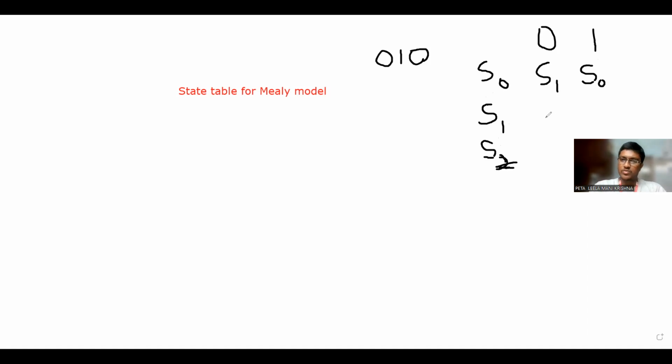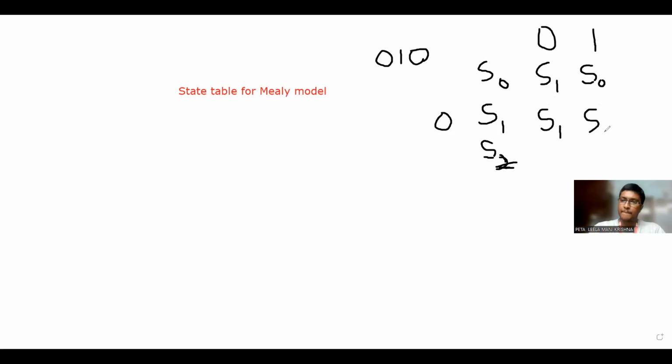So I'm at S1. I have already received 0. And if the next given bit is also 0, it will stay in the same state S1. And if the next bit is 1, it will move to the next state, that is S2. So next, if I consider S2, we have already received the bits 0 and 1.